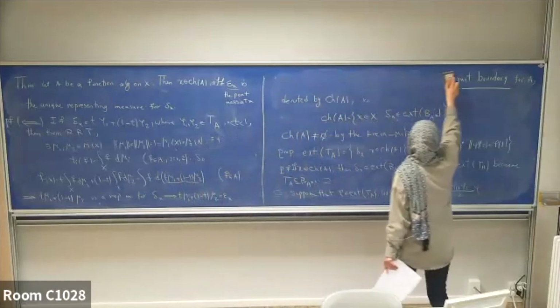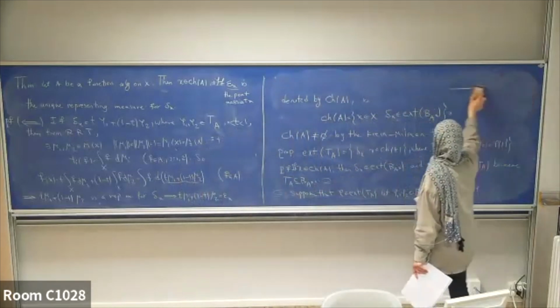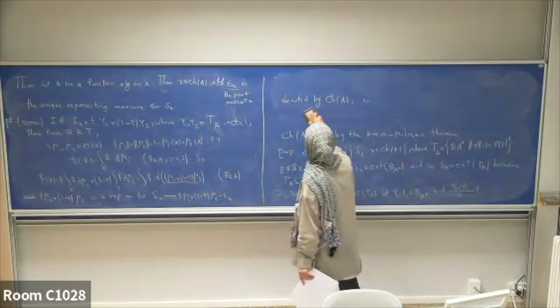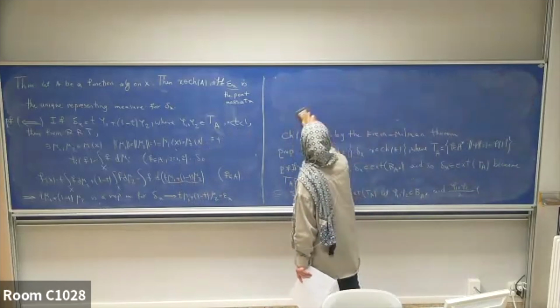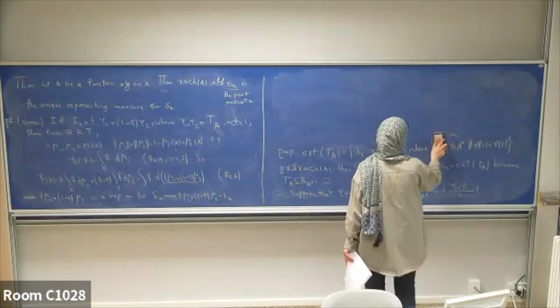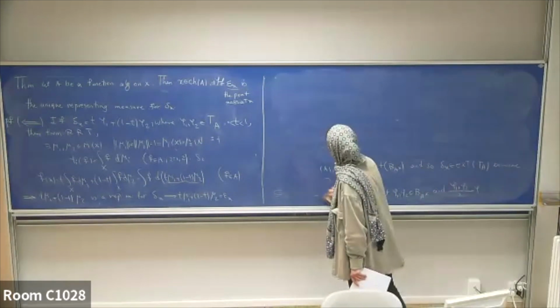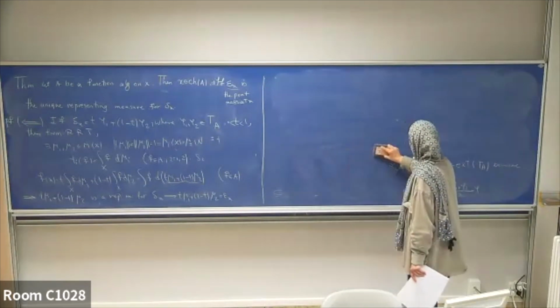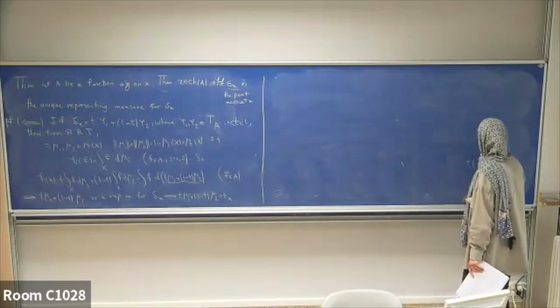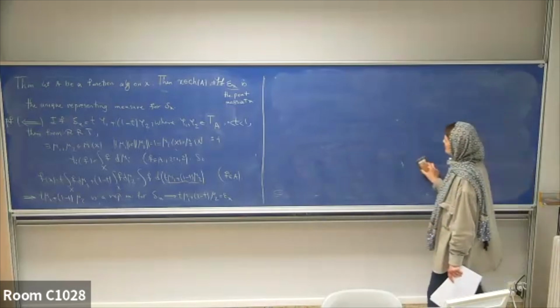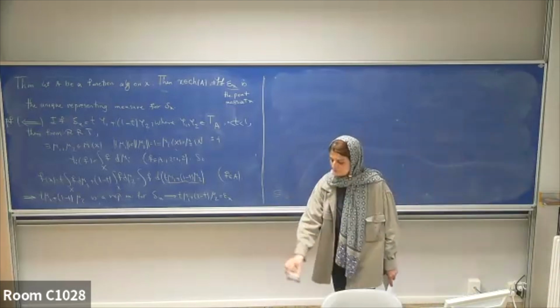And from this, we can obtain easily that x is in the Choquet boundary, because mu1 and mu2, both of them will be Dirac measures.